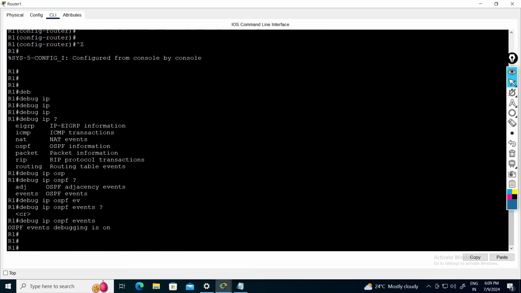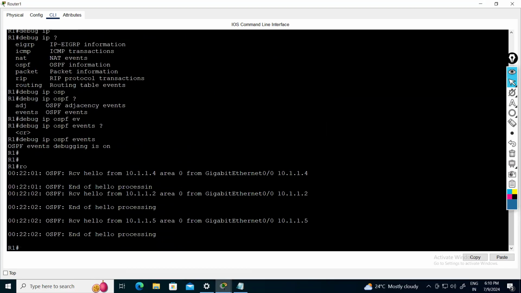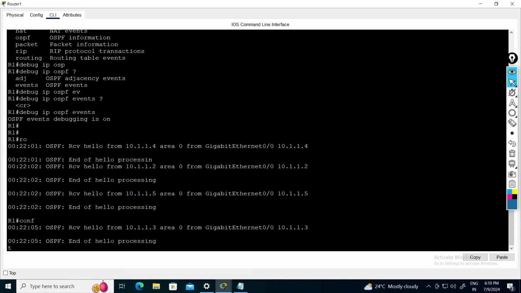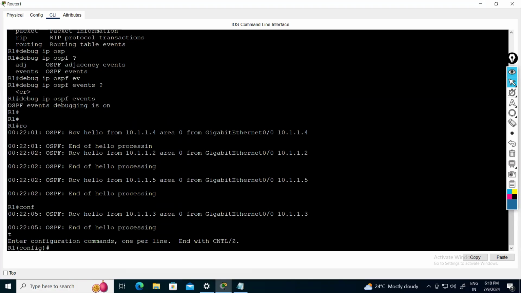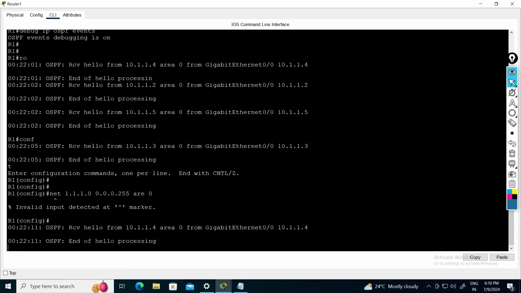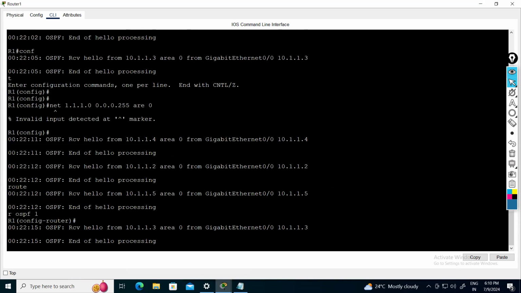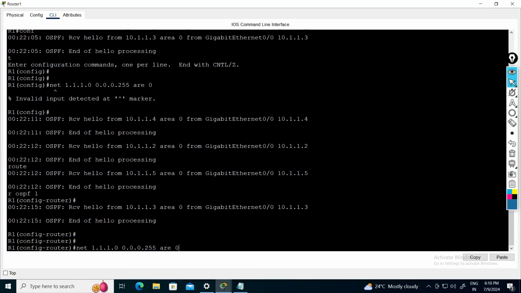Now configure terminal, and again I will give that command. Oh, sorry, router OSPF 1. With the debug, you'll get a lot of messages.